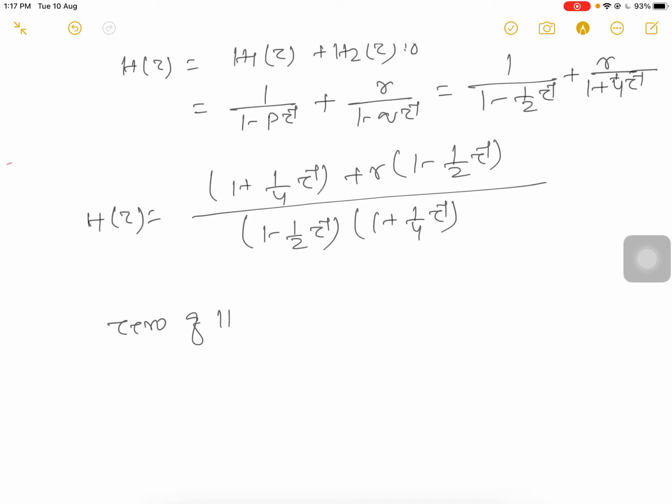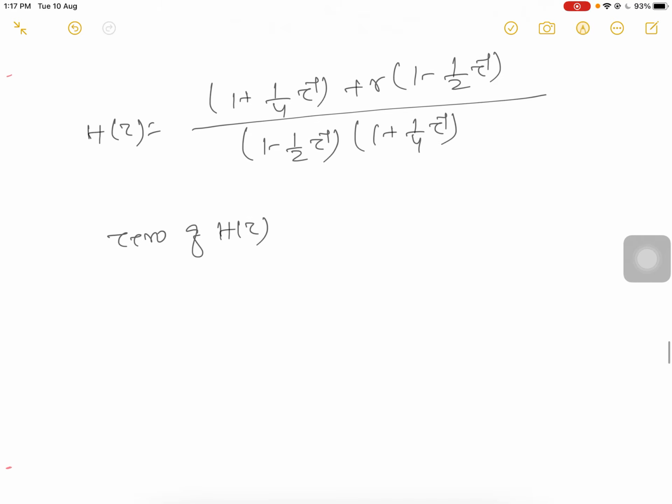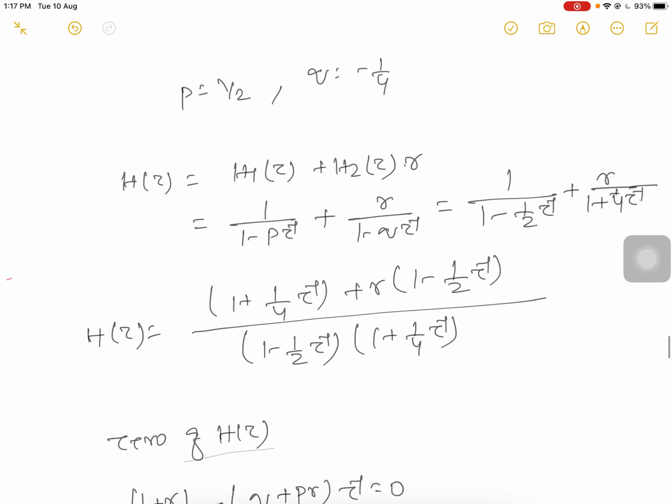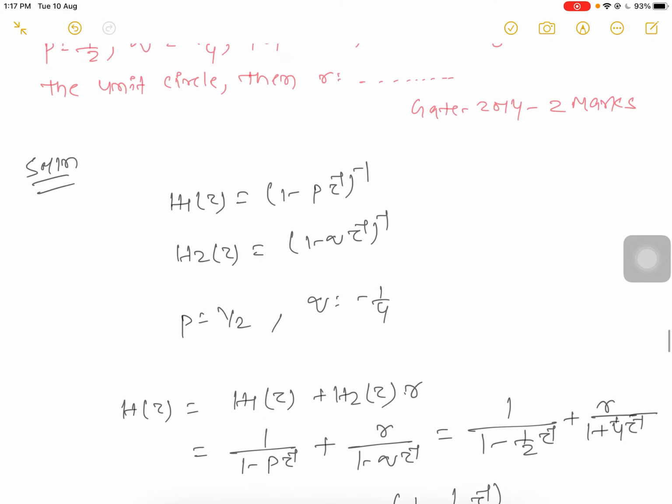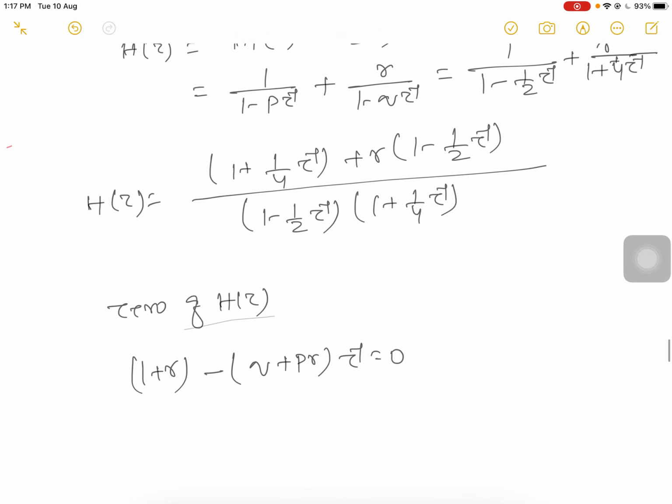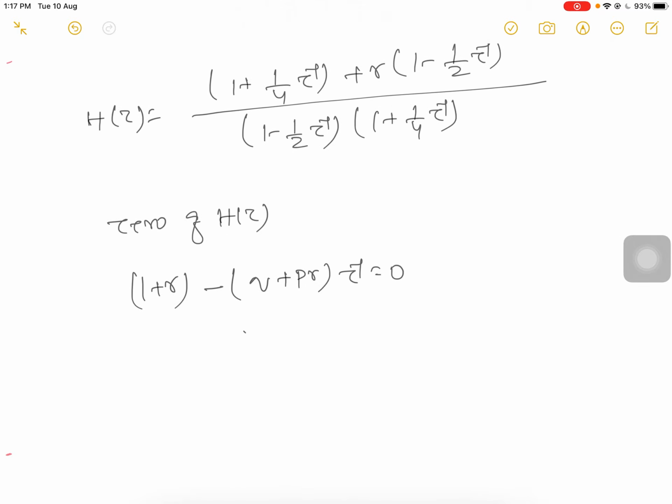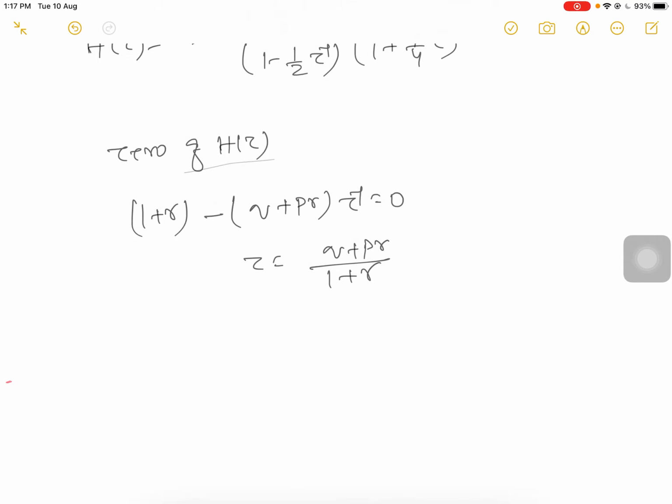So the zero of H(z) will be where 1 plus r, and after simplification, p plus q plus pr z inverse is equal to 0. Then z is equal to q plus pr upon 1 plus r.